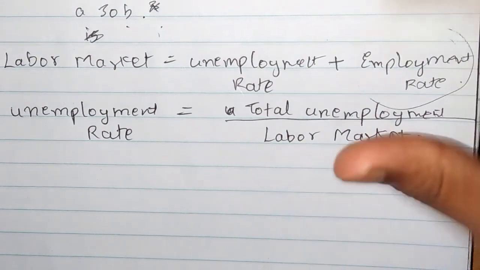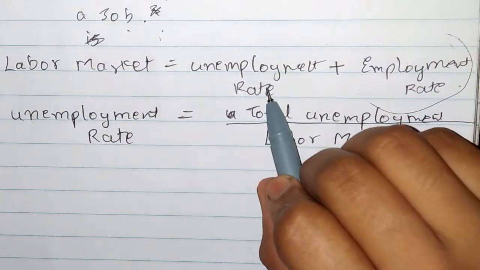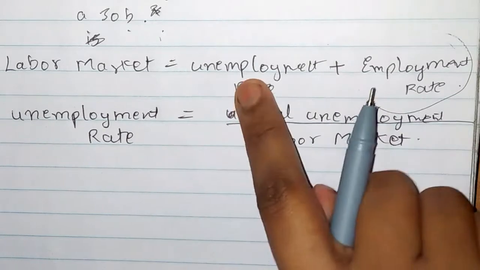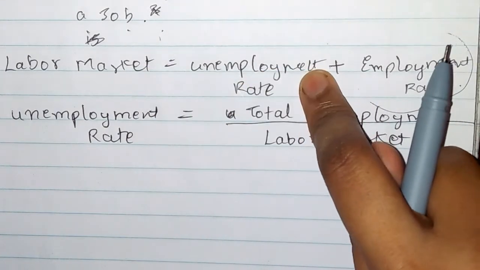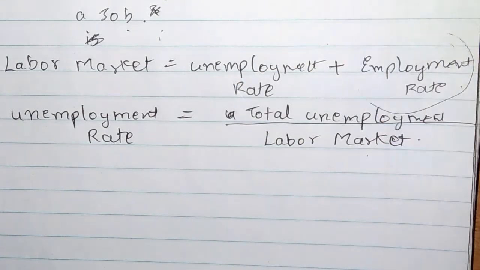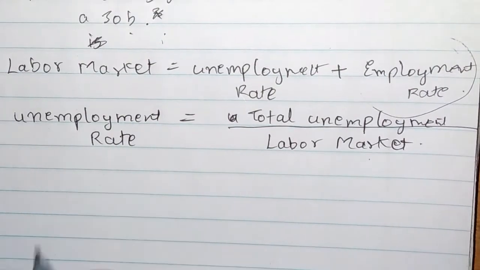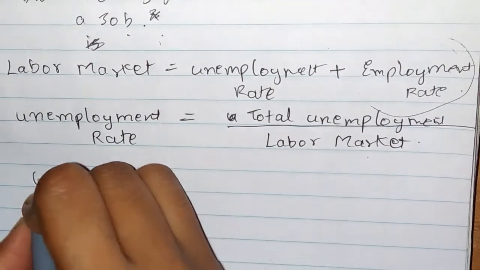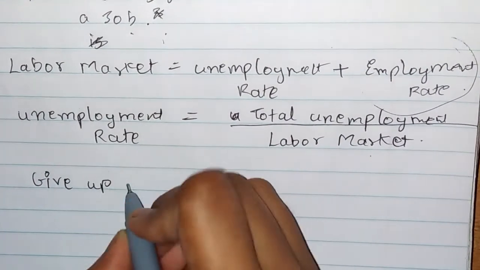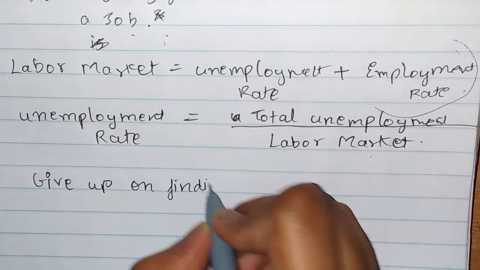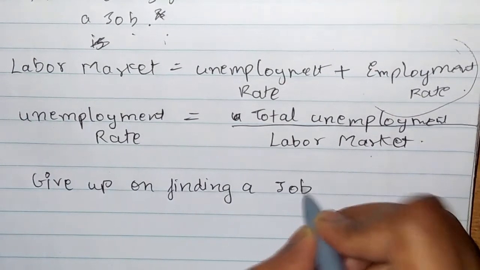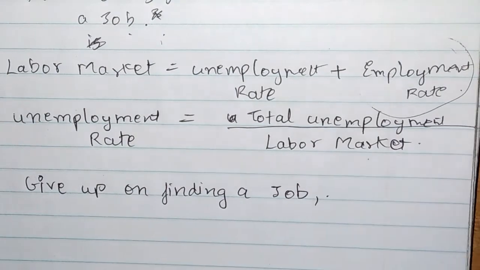Now the situation comes when a person in the labor market, looking for a job, becomes almost discouraged and gives up on finding a job. Now he does not look for a job anymore.